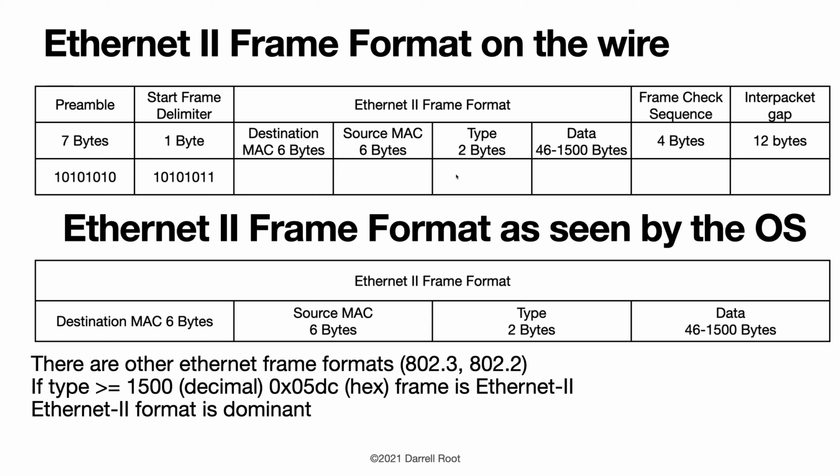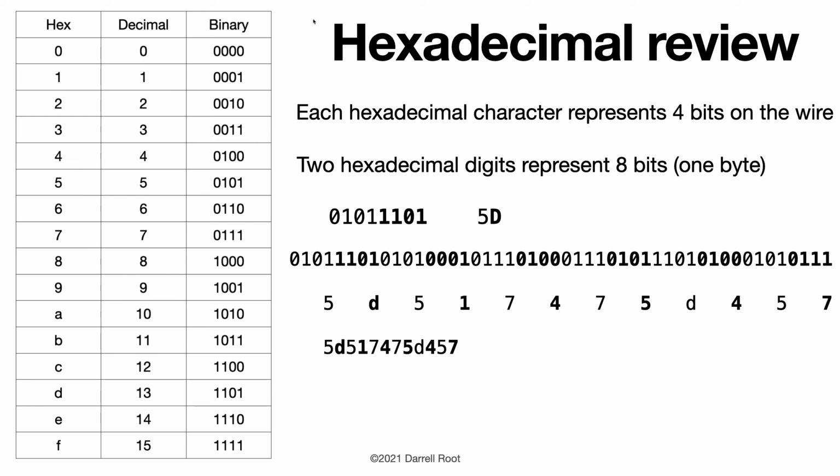And we're not covering those other frame formats in this course. Just know that the type field, if it's less than 1500, is not an Ethernet 2 frame. And 1500 is 05 DC in hex.